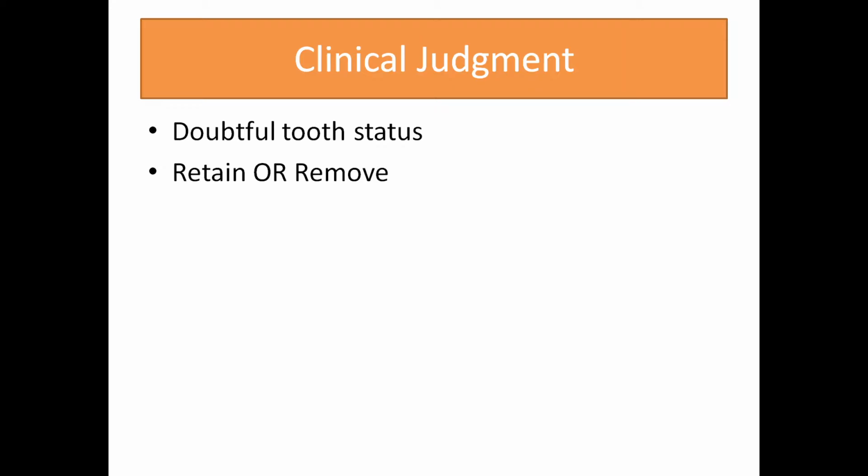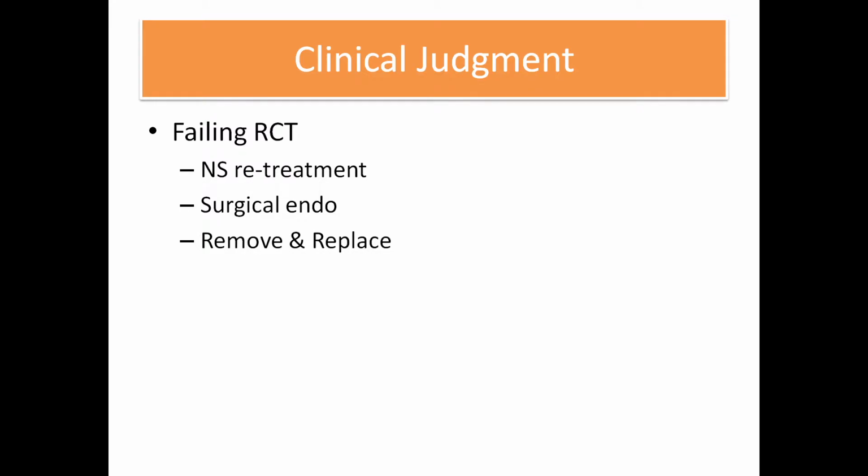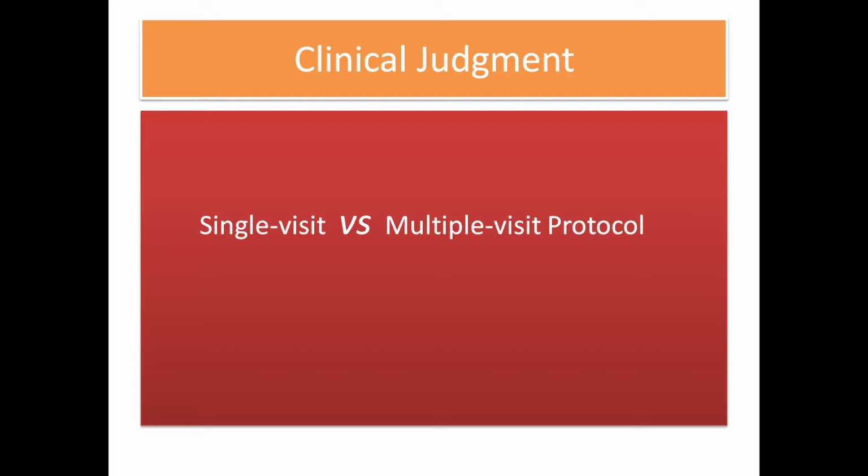Deciding whether the tooth should be replaced with an implant or retained is sometimes not so easy. With a failing root canal, it's again challenging for endodontists to go for non-surgical retreatment or surgical endo, or sometimes it's better to remove and replace the tooth. Here again is the single visit versus multiple visit protocol.